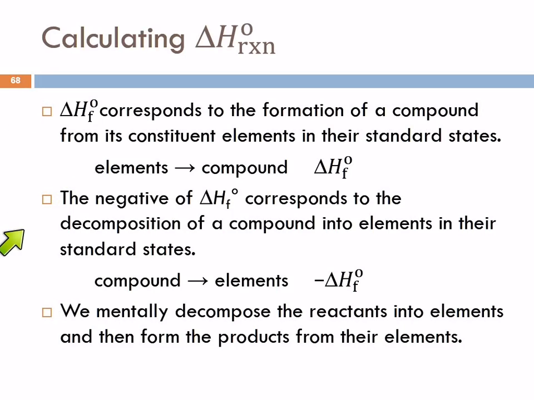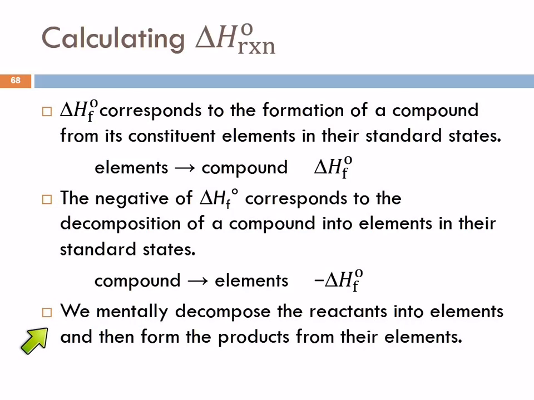So the negative of that would correspond to the decomposition of the compound into its elements in their standard states. So if you wanted to know what's going to happen if I take that compound and decompose it into the elements, by zapping it with electricity or heating it or however is necessary, you just change the sign. Just like what we talked about with the heats of reactions. You reverse the reaction, you change the sign on the change in enthalpy.